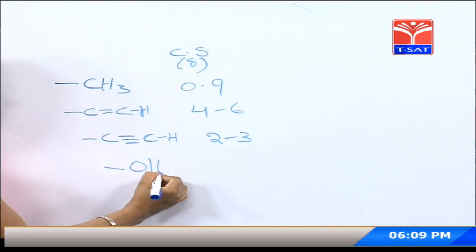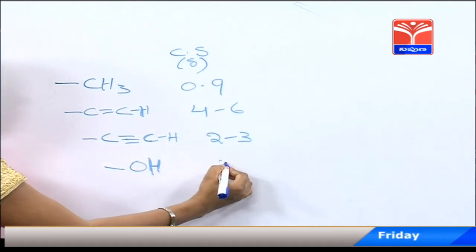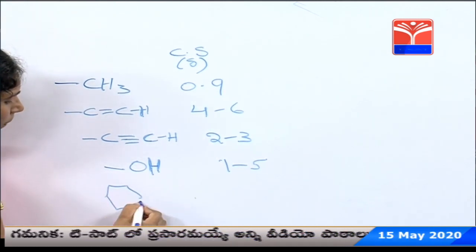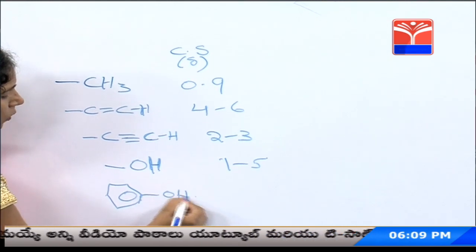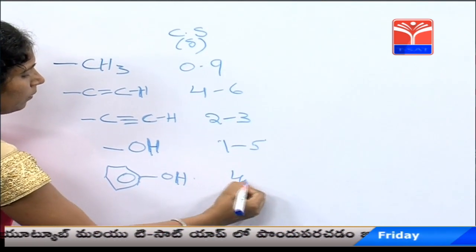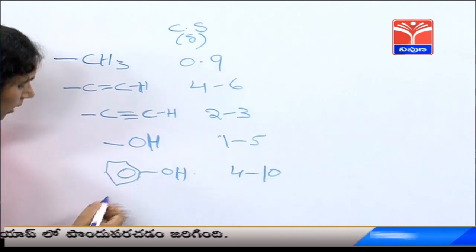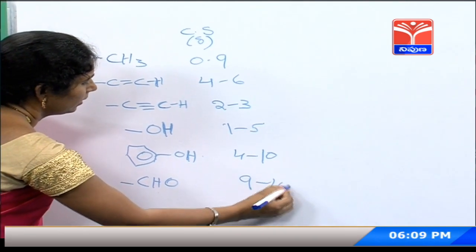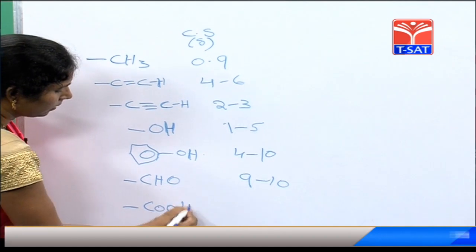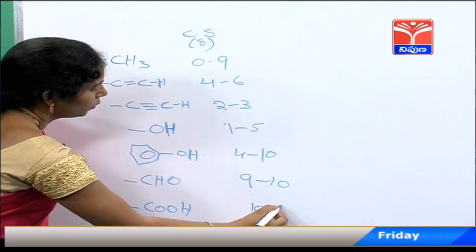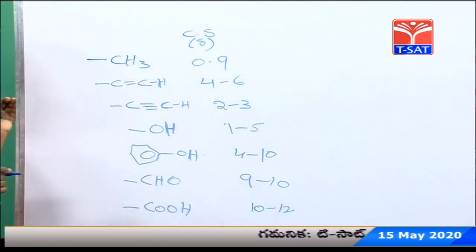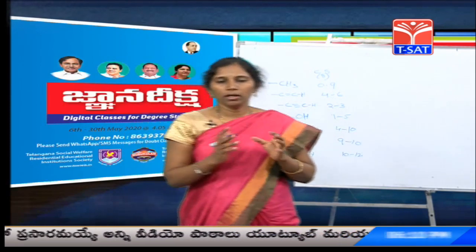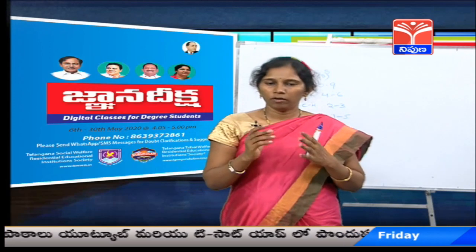And the alcohol peak, the proton of alcohol group, we observe in between 1 to 5, and if we take phenolic hydrogen, we will get the peak from 4 to 10, and if we take aldehyde group, we will observe the peak at 9 to 10, and COOH, that is carboxylic acid, 10 to 12, like that. Like that we will get the peaks in NMR spectrum depending upon the electronic environment of that particular molecule.